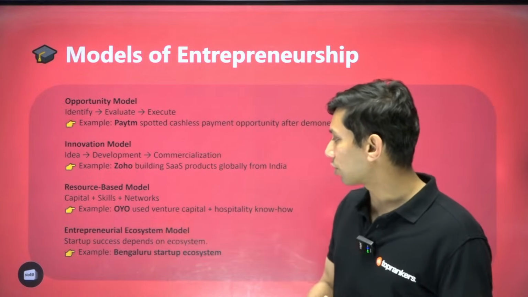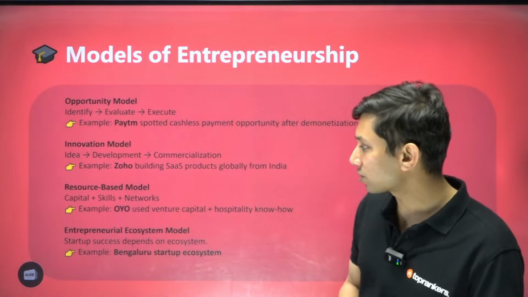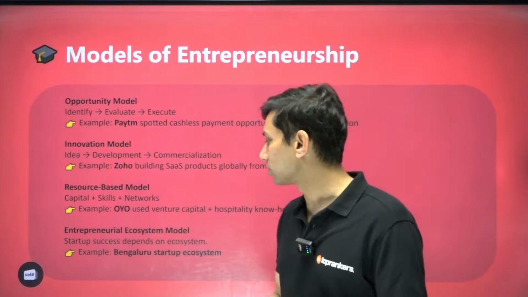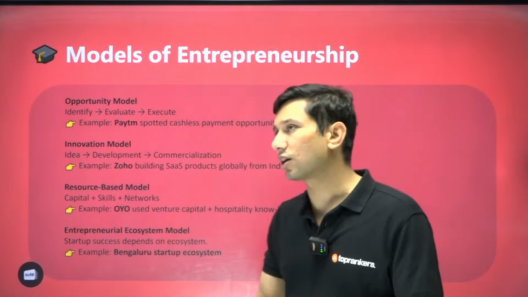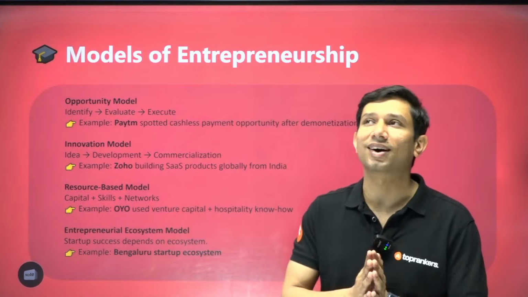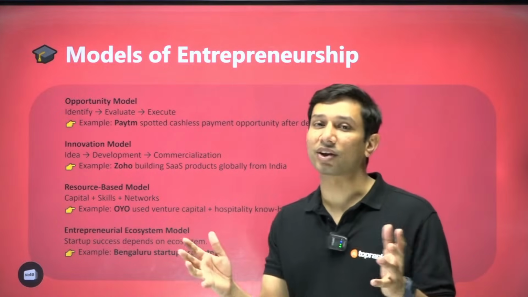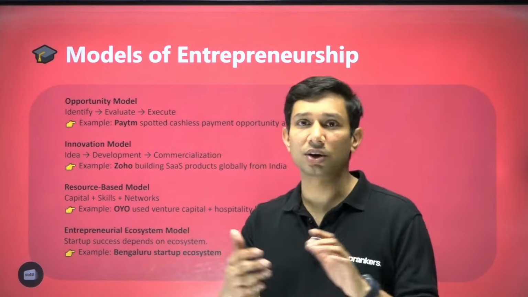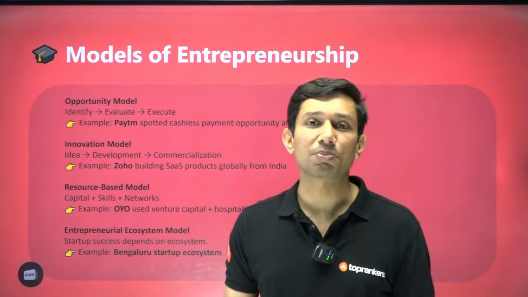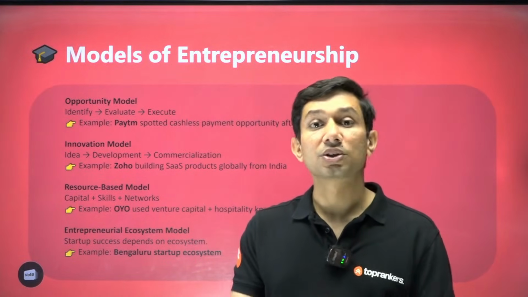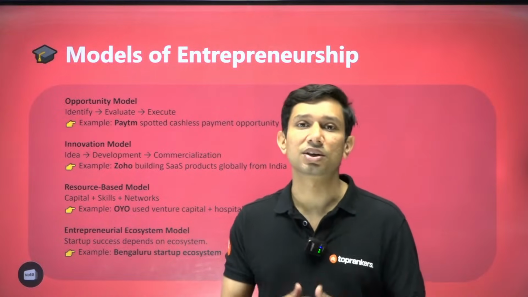The last is the entrepreneurial ecosystem model. A startup's success depends on the ecosystem. For example, the Bangalore startup ecosystem. Now, this is like the Matrix, because there is a world in which we operate and there is a world that supports the world in which we operate. So, say for example, there is a startup which is a startup helper for other startups.